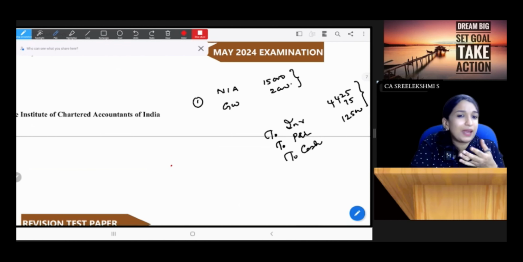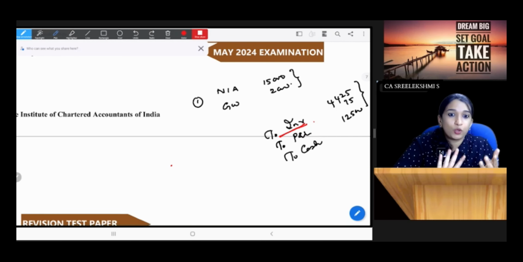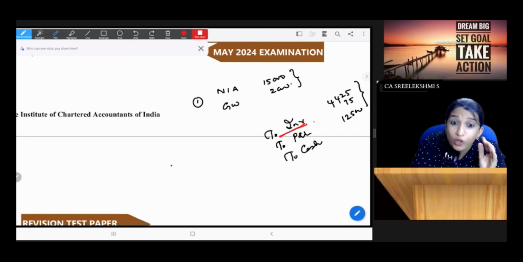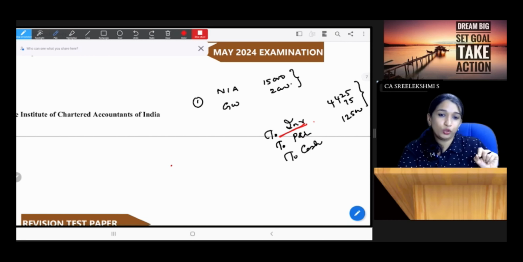Most important, an amount is relating to this investment when you are eliminating it. Investment related, there is an amount in OCI: revaluation reserve in OCI and FCTR, foreign currency reserve in OCI. Both require reclassification. Foreign reserve will be reclassified to P&L. Revaluation reserve will be reclassified to retained earnings.